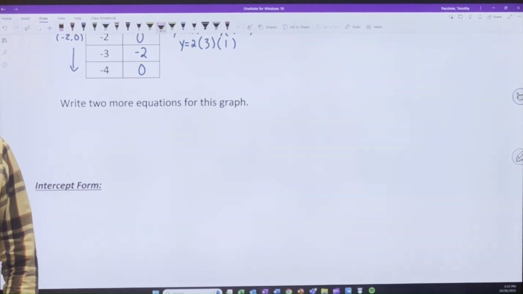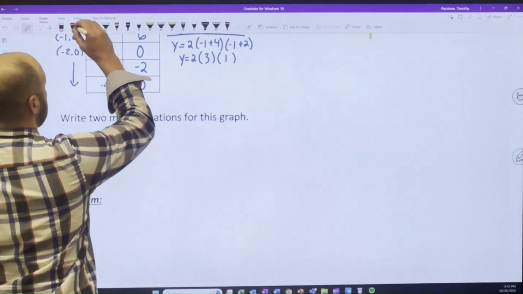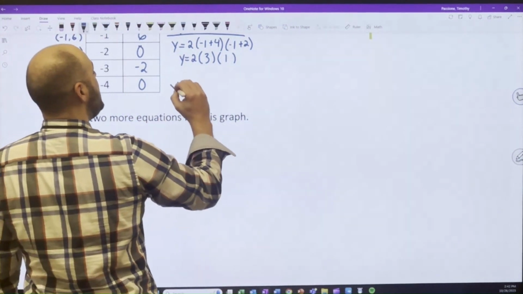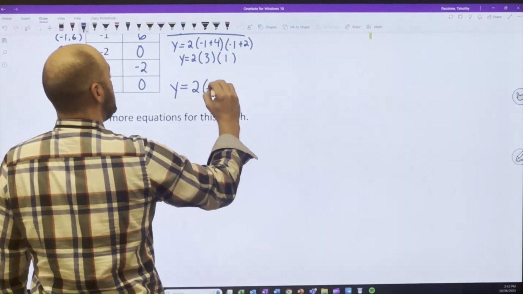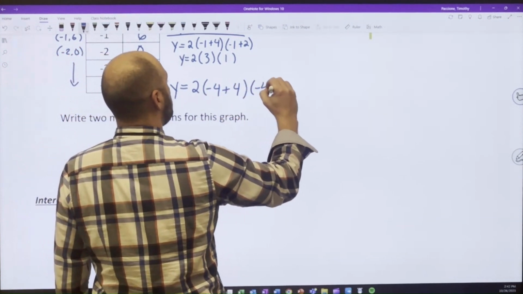Question. I have a question. Yeah. How is -4 0? We're going to get there. Because when you plug in the -4, it's going to be like copying -4 too. Well, you want me to plug in -4? I'll prove it. Ready? y equals 2 times -4 plus 4 and -4 plus 2.